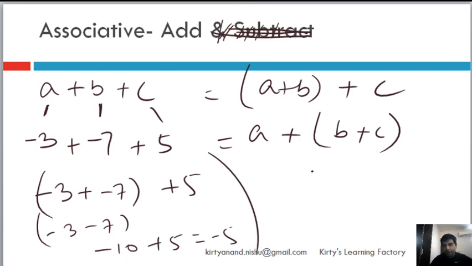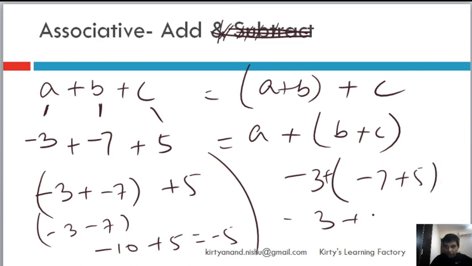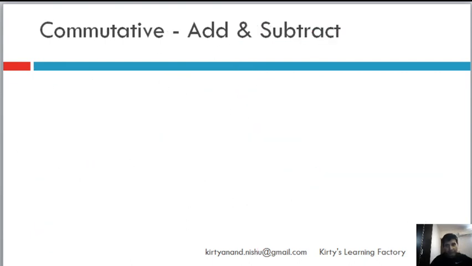The other way around, let's go minus 3 and then plus minus 7 plus 5. This is basically minus 2. So minus 3 minus 2. What is it? It is minus 5. Same. It's not too much of rocket science, and I'm not going to give additional respect to this one.